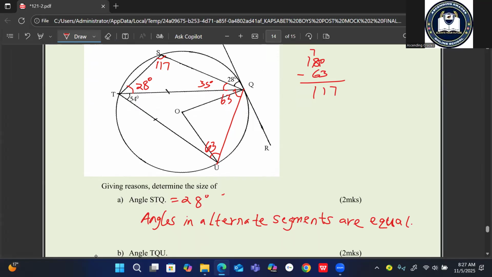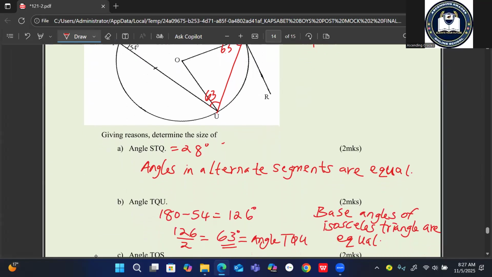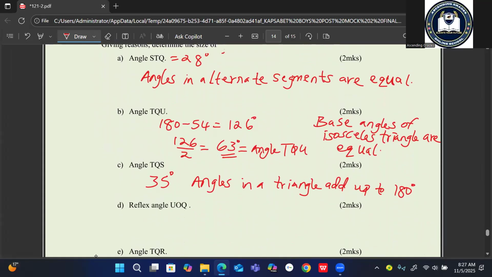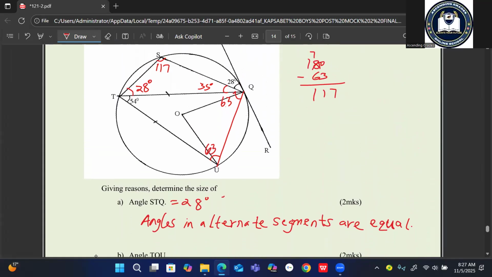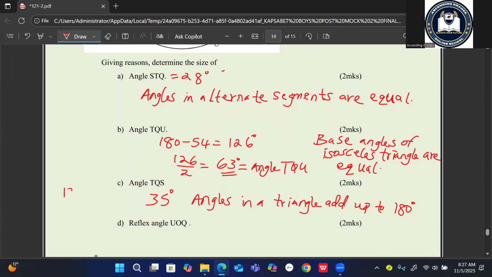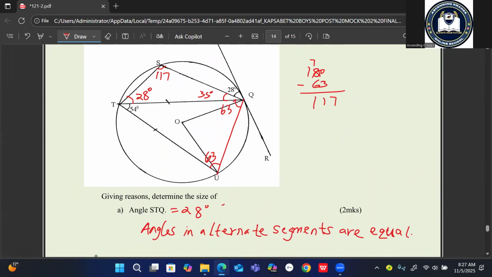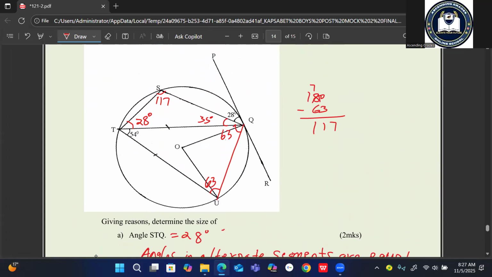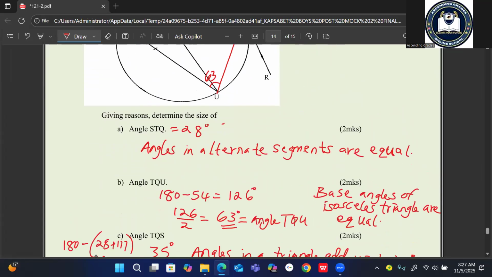That is how we obtained 35 degrees in this question, angle TQS. We took 28 plus 117, subtracted it from 180, which gives 35 degrees. Reason being that angles in a triangle add up to 180, triangle TSQ. From there, we go to the next one.